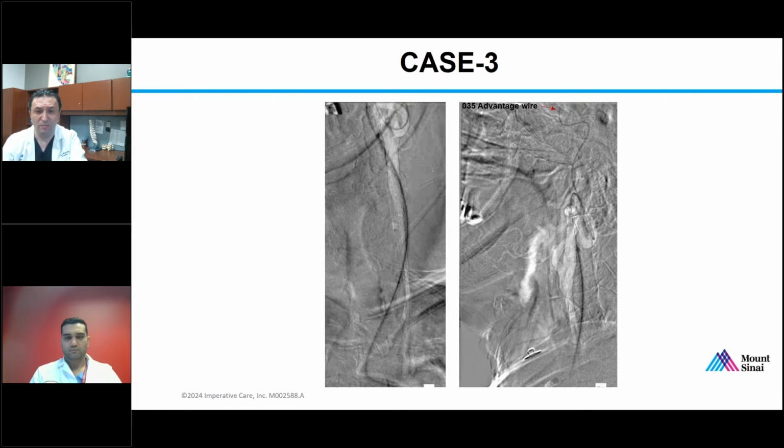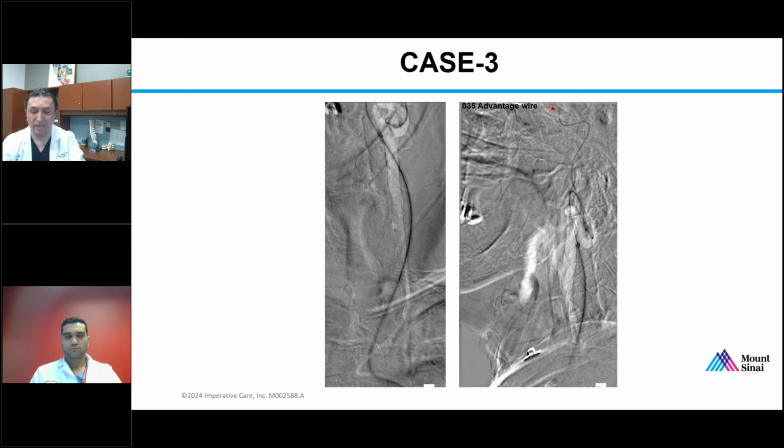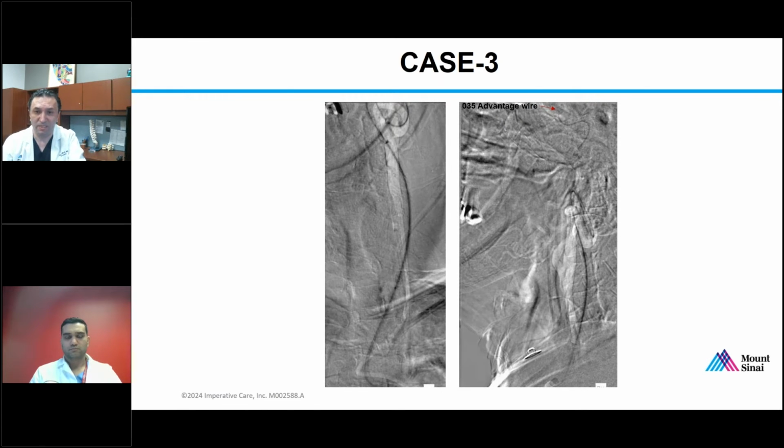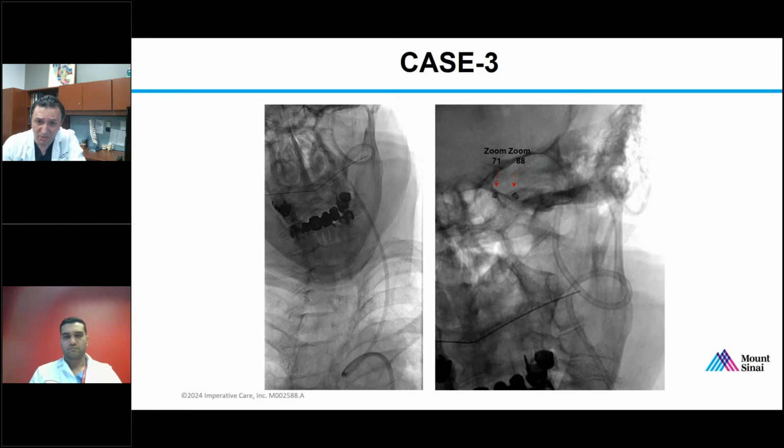Again, always take the guide catheter to at least the skull base before attempting the first pass.